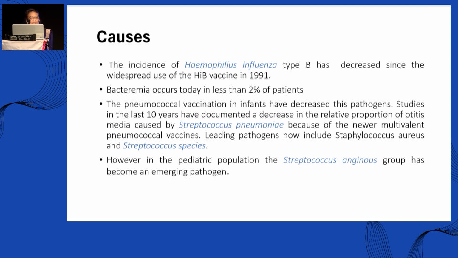Nowadays the incidence is less than 2%. Pneumococcal infections have also decreased, because studies done during the last 10 years have documented a decrease in the relative proportion of otitis media caused by Streptococcus pneumoniae. So the leading pathogens are now Staph aureus and Streptococcus species.